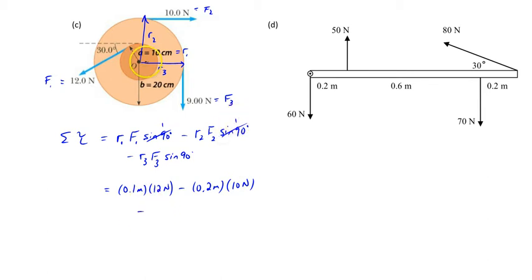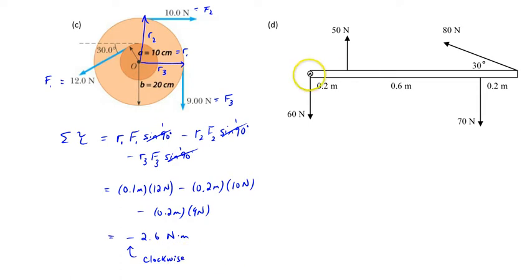And then lastly, R3 is again a distance of 0.2 meters, but the force now is 9 newtons, multiplied by sine of 90, which is 1. Put that into your calculator, and I get an answer of negative 2.6 Newton meters. The reason it's negative indicates that you're going in the clockwise direction. So that is the direction of the net torque.